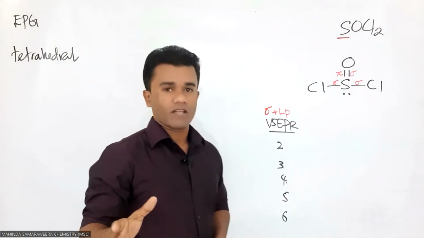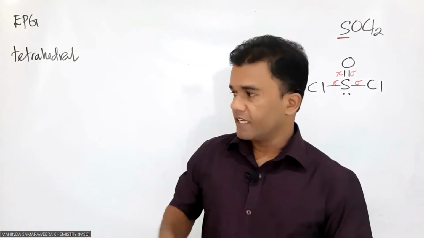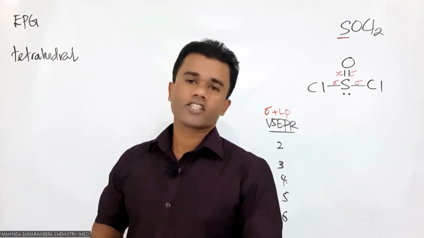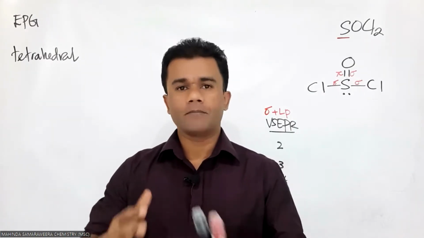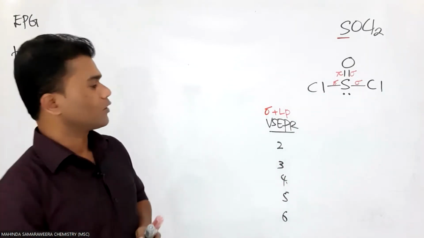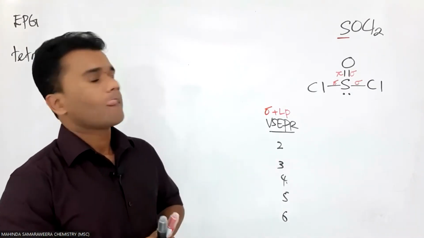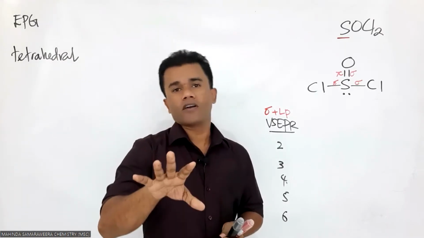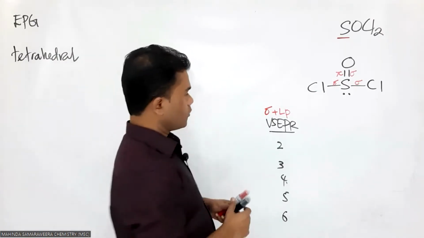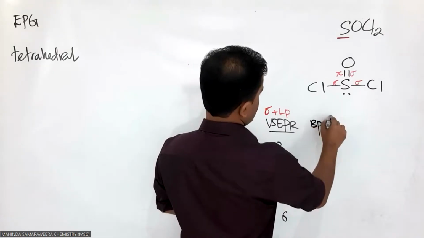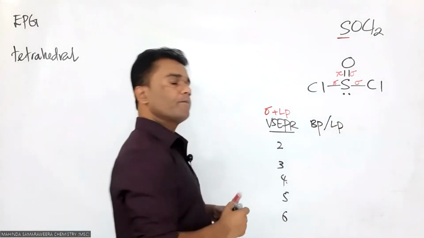Next, they ask for the geometrical shape. Geometrical shape simply means the shape of the molecule. The shape of a molecule or ion can be predicted according to the number of bonding pairs and the number of lone pairs. You have to find out how many bonding pairs and how many lone pairs there are.